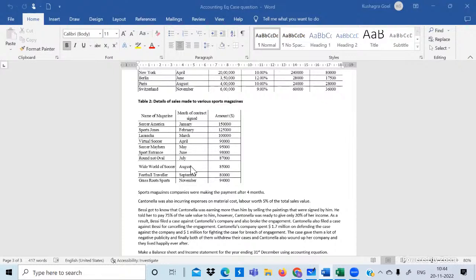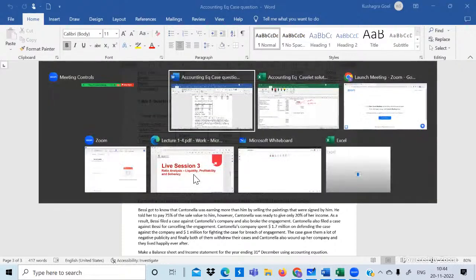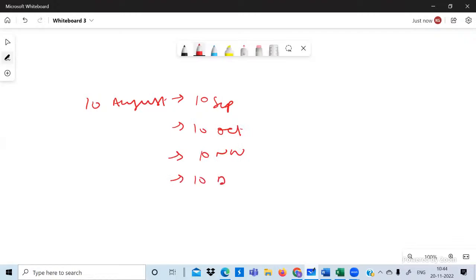This is received. Something that you sell in the month of August, you will get your money after 4 months. For simplicity, let's say you're selling something on 10th of August. So 10th of September is 1 month, then 10th of October is the second month, then 10th of November, and then 10th of December. So you'll get the money in the month of December.